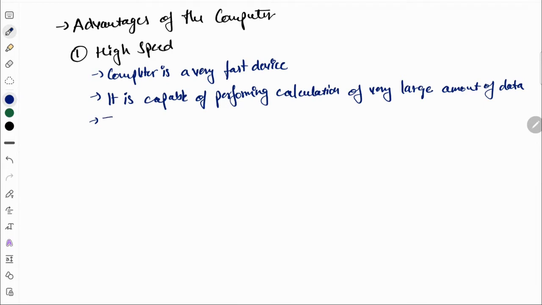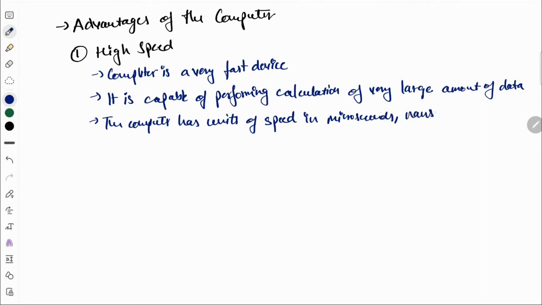The computer has units of speed in microseconds, nanoseconds, and even in picoseconds.